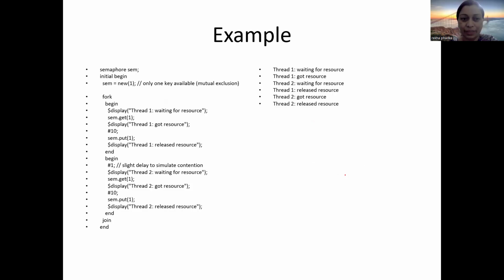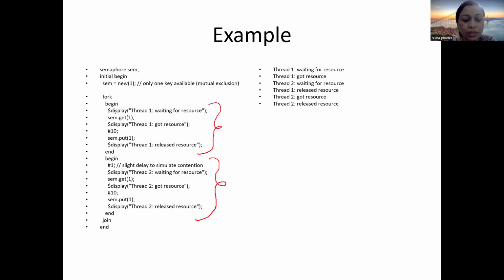Let's see with an example. Here we have sem equal to new of 1. So one key I have generated, and maybe it's for mutual exclusion. Then we have a block, fork join, and inside which we have two processes, begin, end, and one more process, begin, end. So they have to happen concurrently now, right?